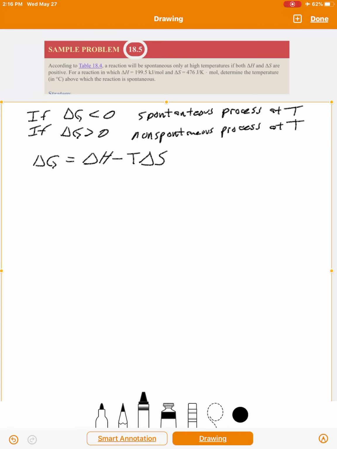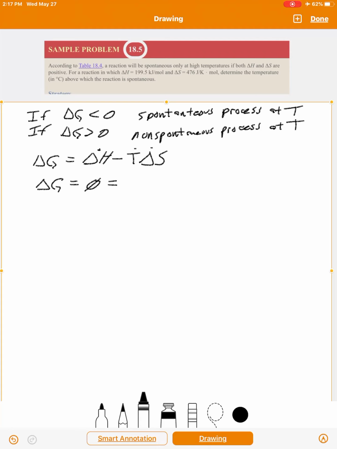If these are both positive, it would be positive minus a positive times a positive. So if delta G equals 0, that's the temperature where it just becomes spontaneous.